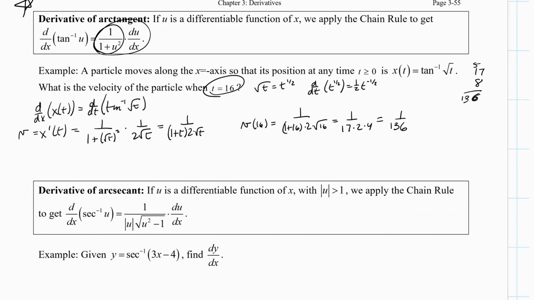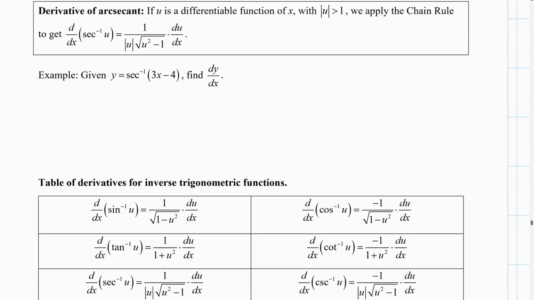Okay. Lastly, the derivative of arcsecant or inverse secant. It's got extra little fiddly bits, absolute values of u, and then square root of u squared minus 1. If we do this particular formula, and again, oh, I forgot to put the stars. Okay, and memorize that one.